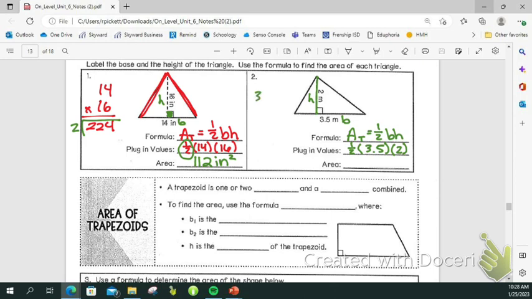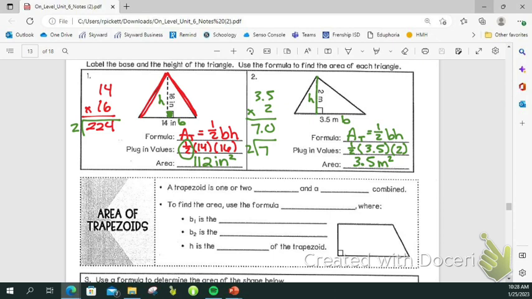So first we've got to do 3.5 times 2, and that gives us 7. And then half that, which means divide by 2. And 7 divided by 2 gives us 3.5 meters squared. So just like you guys have been doing on your bell ringers this week, you're going to do base times height and then divide it by 2.